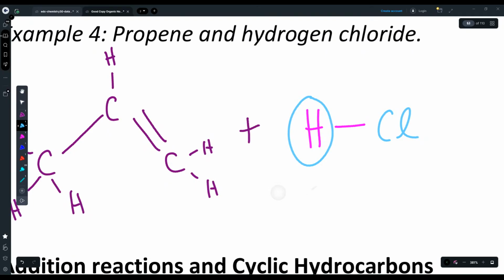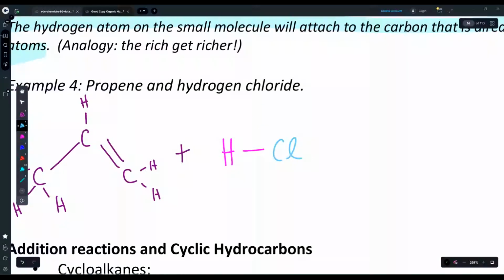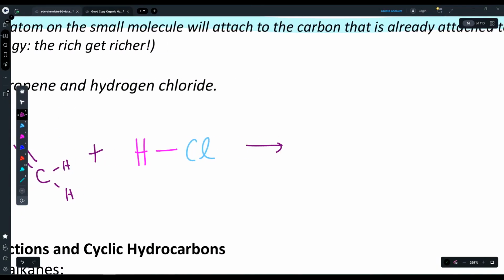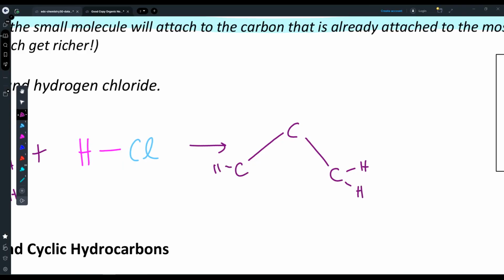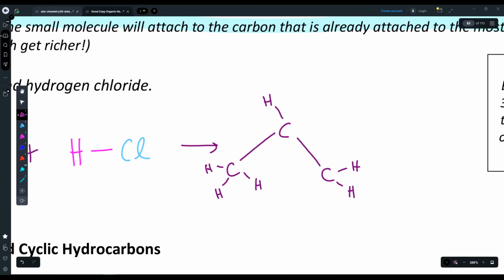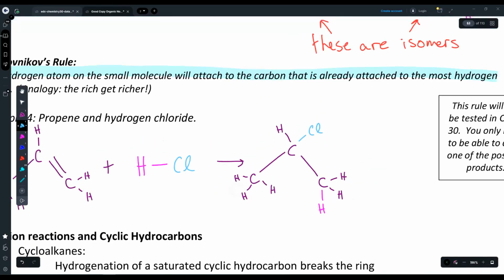Okay, so when we're drawing our products, what that's going to look like: our hydrogen from our hydrogen chloride is right there, and then chlorine goes right there.